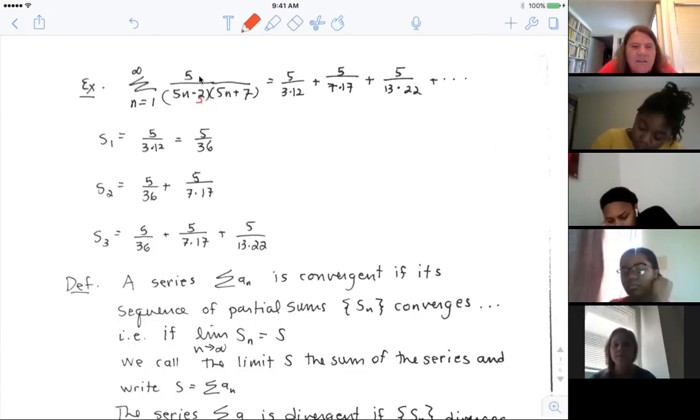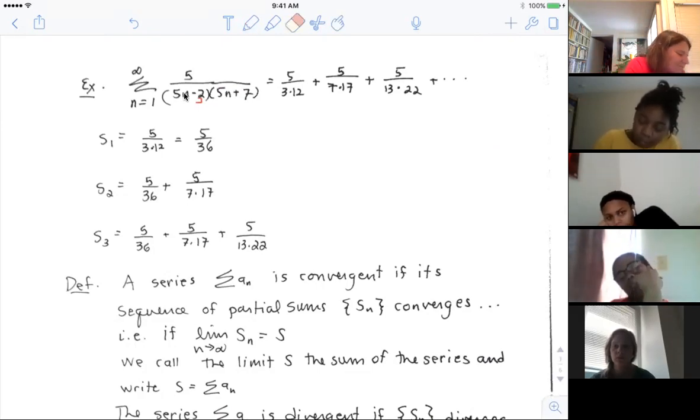Okay, let's try it again. If n is 1, I'll get 3 times 12. If n is 2, I'll certainly get 17 there. But if n is 2 right there, I'll get 10 minus 2. This should be 8 right here.